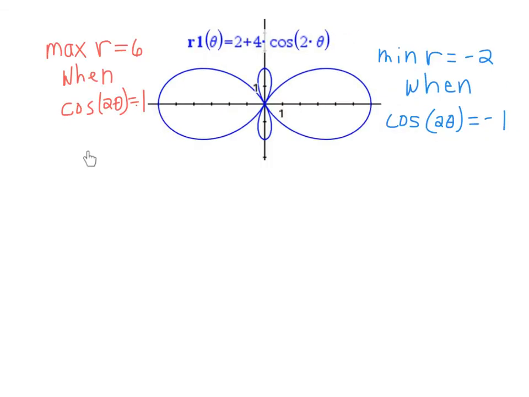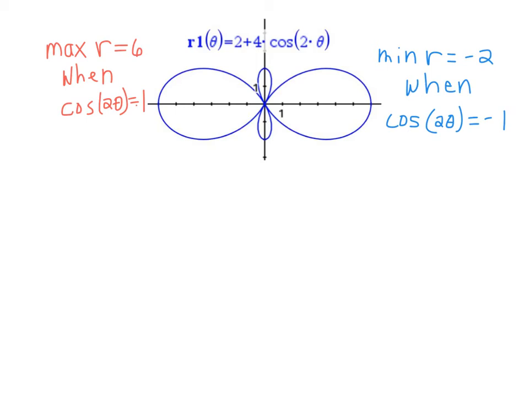Let's explore just a little bit more to determine what values of theta are giving us our maximum and our minimum r values. Probably the maximum value is one you can look at and almost guess here that it appears we're getting all the way out to 6 over here when it looks like our angle would be 0, and over here when our angle is pi, but let's just check that out algebraically.